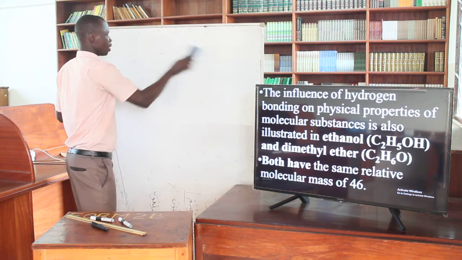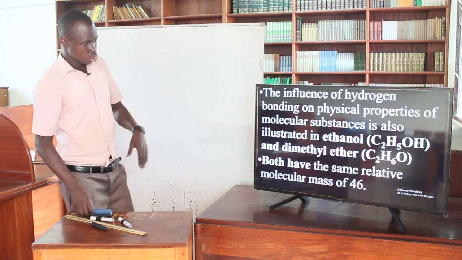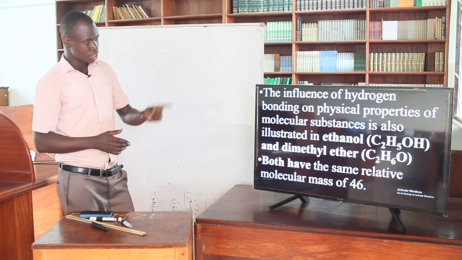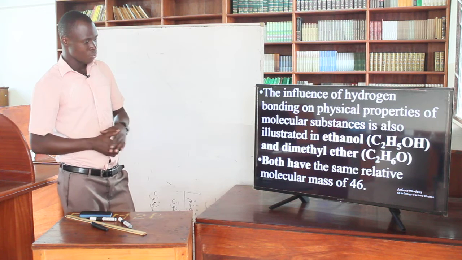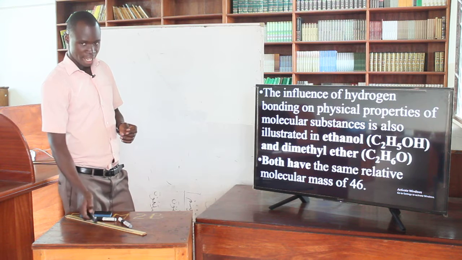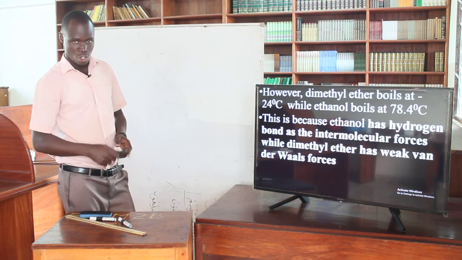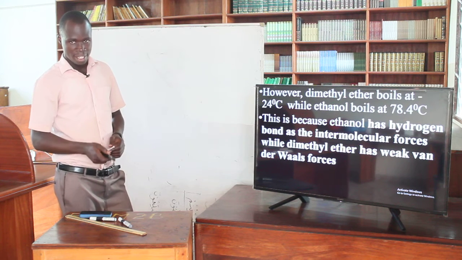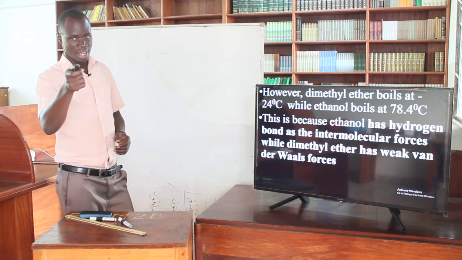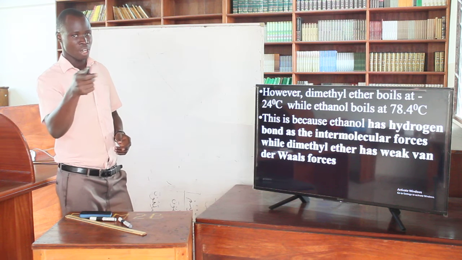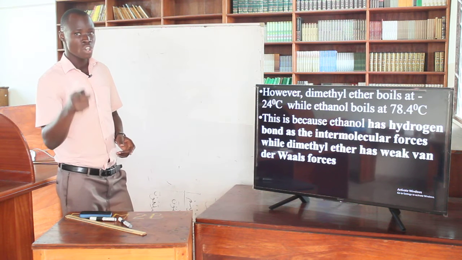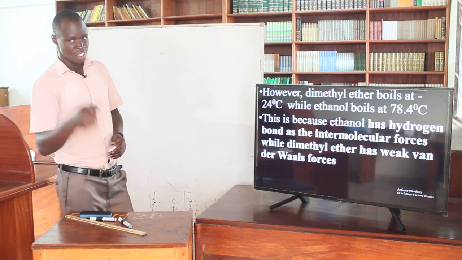So when that happens, we are going to have high melting point and high boiling point in ethanol as compared to dimethyl ether. Dimethyl ether boils at negative 24 degrees, while ethanol boils at 78.